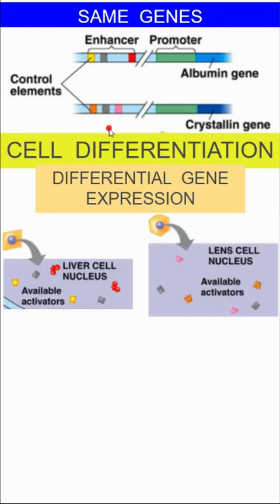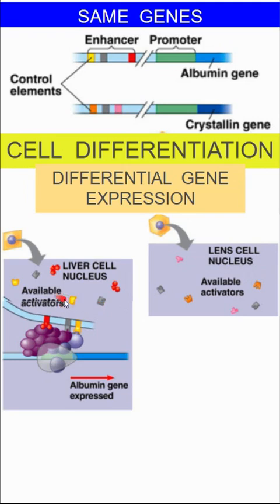And that comes down to a lot of what are available as activators. So if we look at a liver cell and a lens cell in your eye, within that nucleus, they're going to have different activators present. And with these activators, they're going to bind to these enhancer regions, and therefore in the liver cell, they're going to make albumin, which is a blood protein.